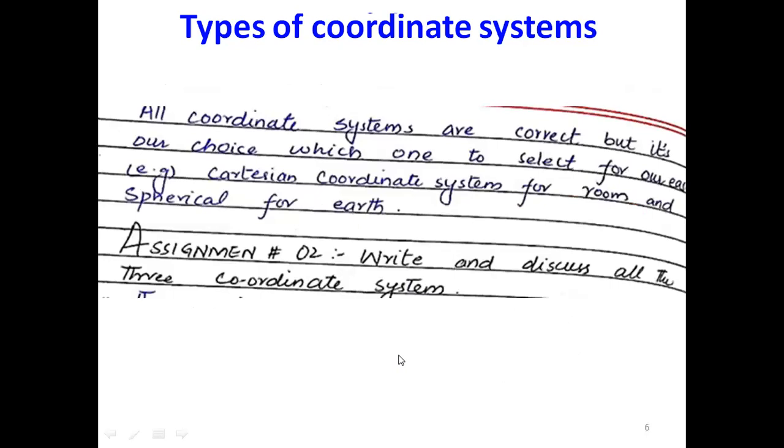So actually all coordinate systems which we are using in engineering and sciences are good and correct. The choice of selection of a coordinate system completely depends upon us. And normally we have to choose the coordinate system in such a way that when we are doing the modeling or mathematics for the problem, it should be easy in that specific coordinate system.